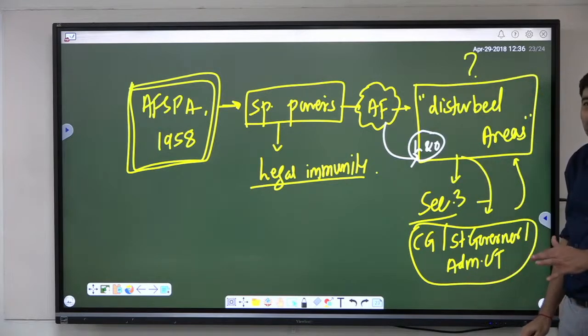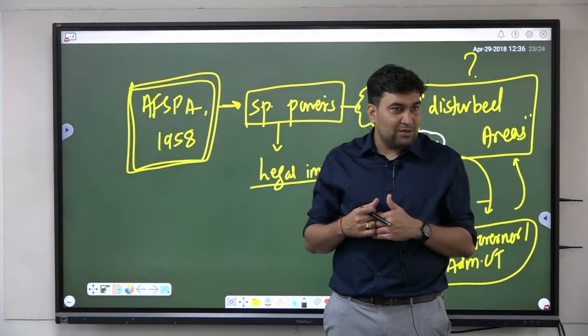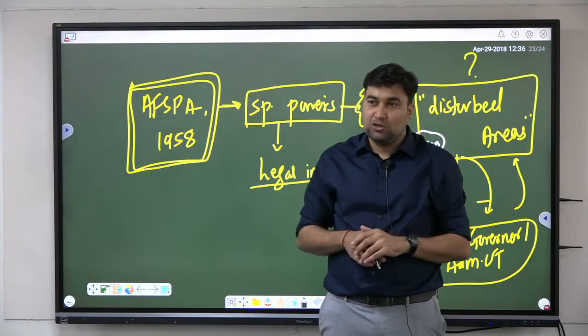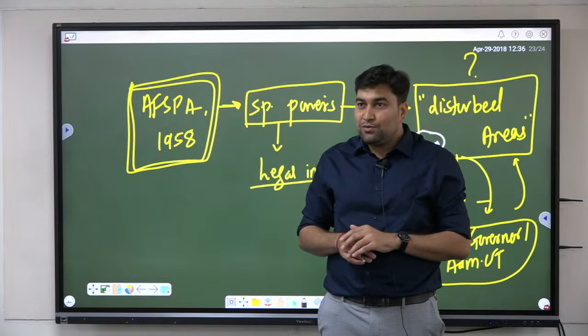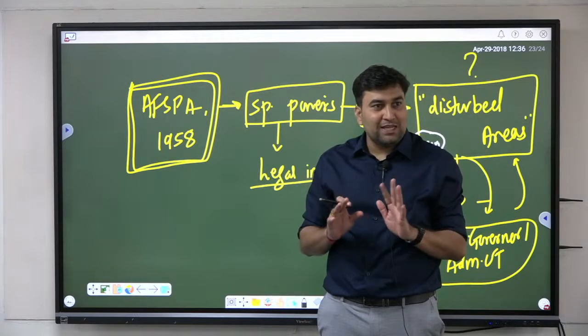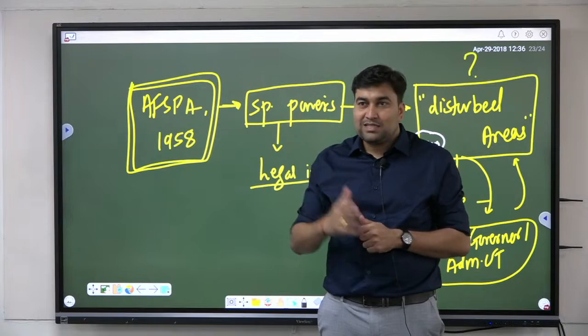Now when they are tackling the law and order problem, just imagine right now I am the security force person and you guys are insurgent groups, okay? If I have to fire at you, a normal police officer has to take permission. There are multiple procedures, right? You cannot just kill anyone like that.